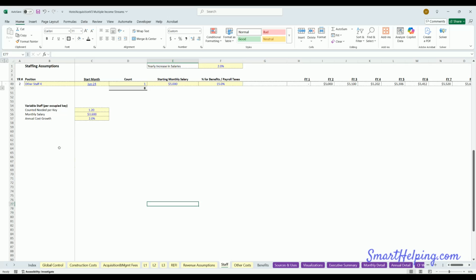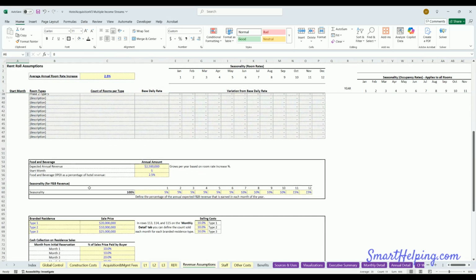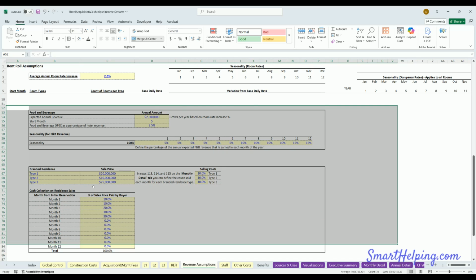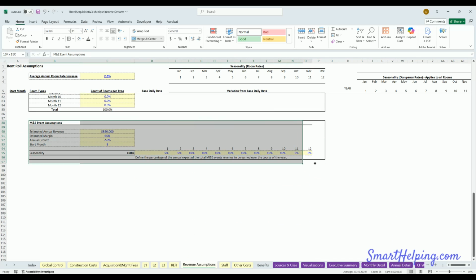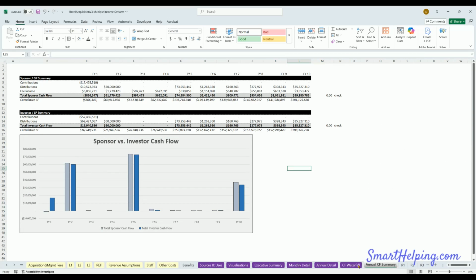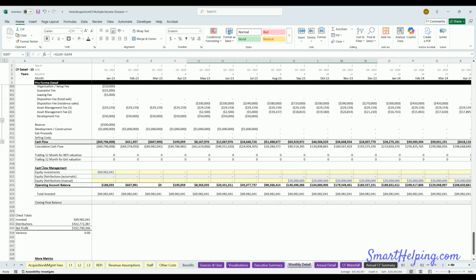Okay, so differences. The variable staff is an update. The revenue assumptions: obviously the old hotel model had nothing for food and beverage, nothing for branded residencies, nothing for M&E. It did have the cash flow waterfalls, but it did not have the cash flow management feature down here. It just did positive or negative cash flows for contributions or distributions.